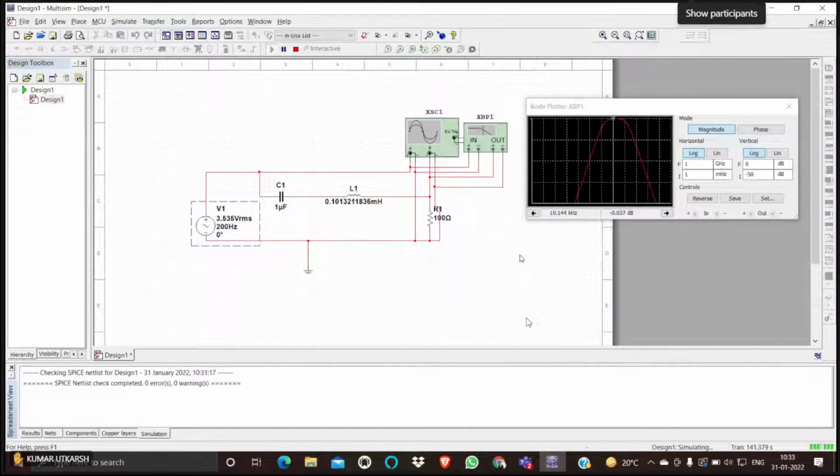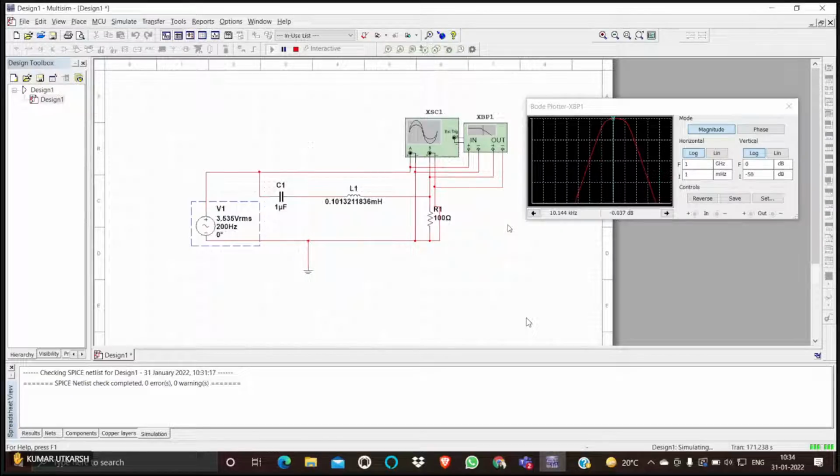Then you have to choose one resonant frequency. Then you have to choose either the value of inductor or the value of capacitor. Suppose you have chosen this capacitor as 1 microfarad, right? Then from that formula of resonant frequency, you have to calculate the value of inductance. Okay, the value of L you have to calculate. That is how you will design this RLC circuit.